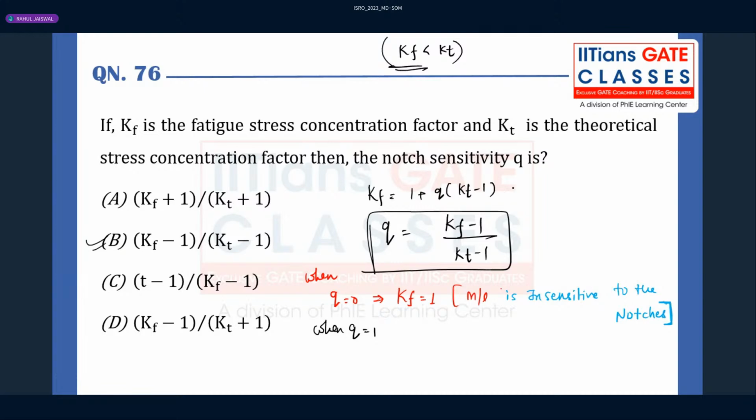But when Q is equal to 1, Kt will be equal to Kf. When Kt equals Kf, the material is highly sensitive to notches. Any notch, and the material will fail. That is the meaning of Q equal to 1.